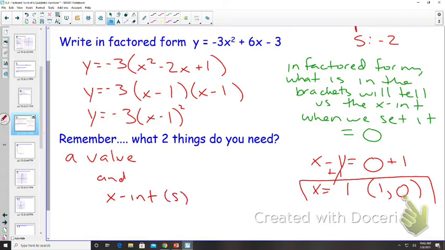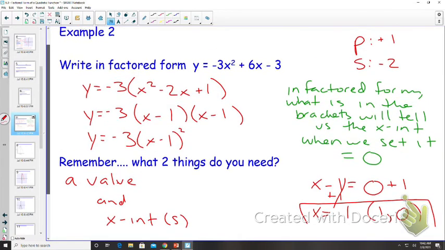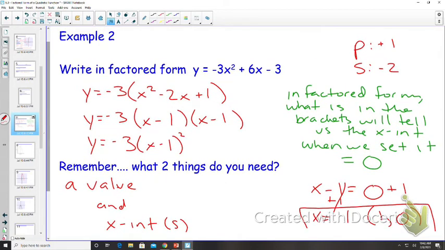Sometimes they're actually not going to have any x-intercepts, but we will not be able to use factored form for that. That'll be vertex form, okay?